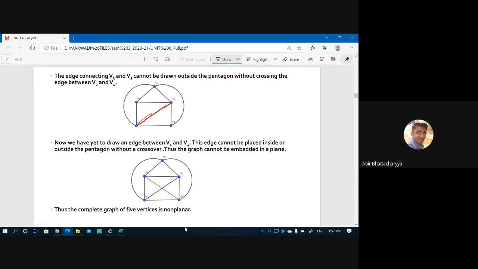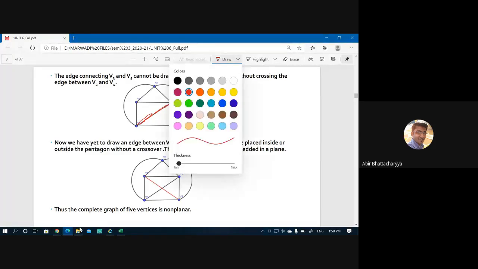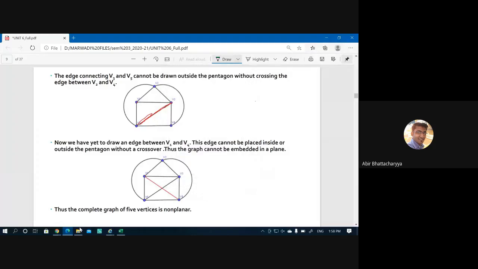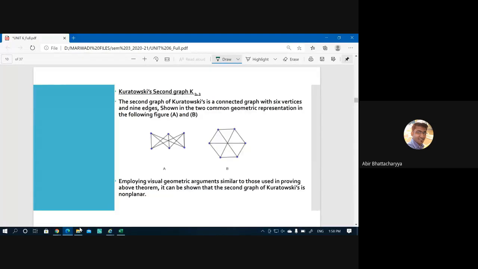We cannot join v2 and v4 either from outside or from inside, so there will be an edge crossover. So that is going to be a non-planar graph. So K5 is non-planar, that's how we can prove it.